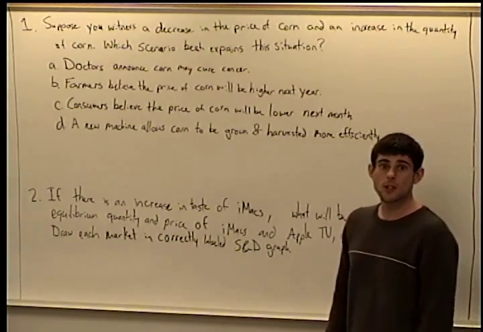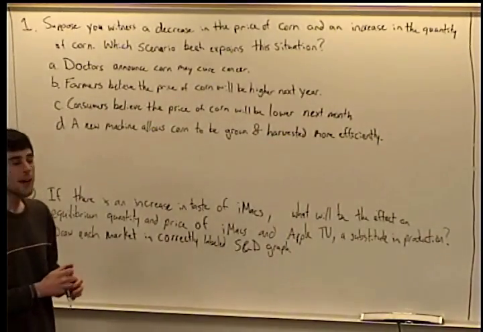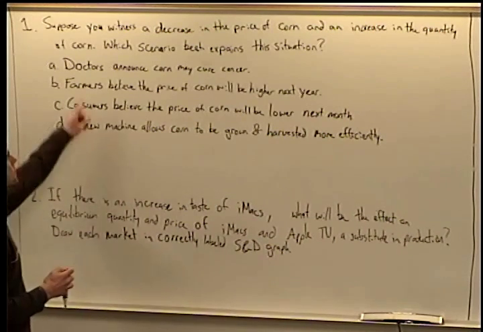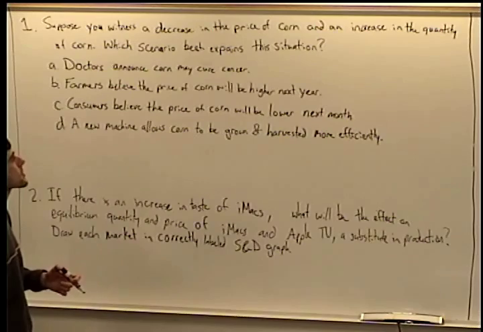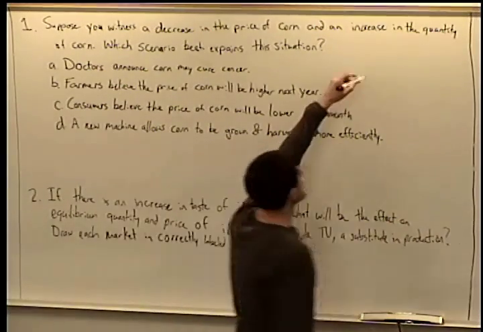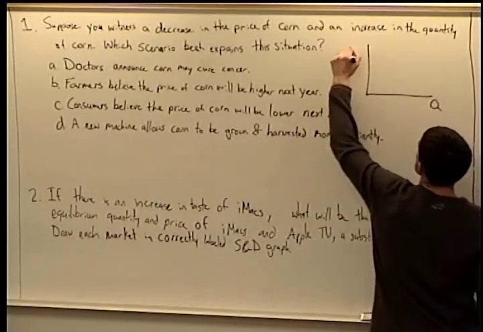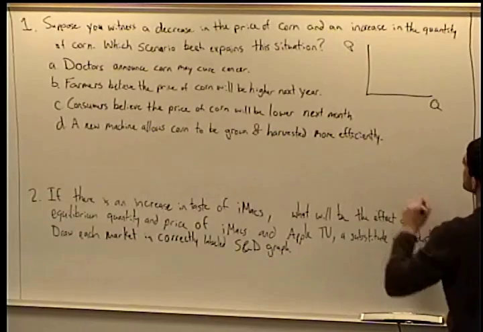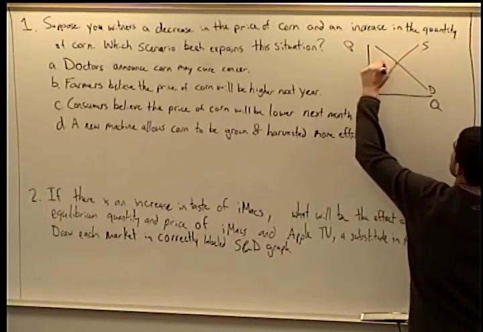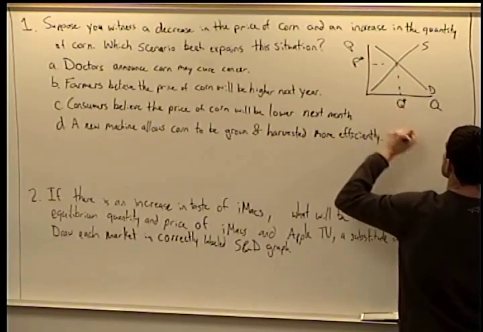Okay, question 1. Suppose you witness a decrease in the price of corn and a simultaneous increase in the quantity of corn. Which scenario best explains this situation? We see demand and supply, and we have equilibrium, P star and Q star.